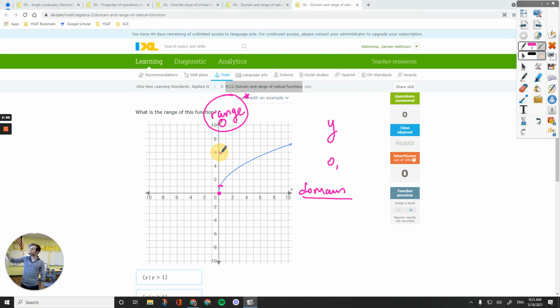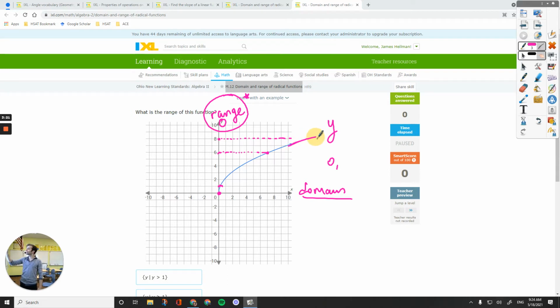Or right here, y could be 6, because from 6 to the graph, we can just find another point on the curve. And if you think about what I just said, it goes on forever up. Even though when I do this from point 8 on the y-axis, it looks like they don't meet, they will meet because this arrow means it'll go forever to the right and up.